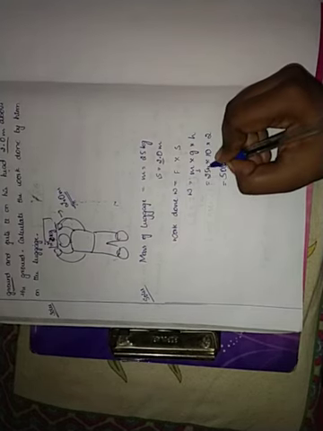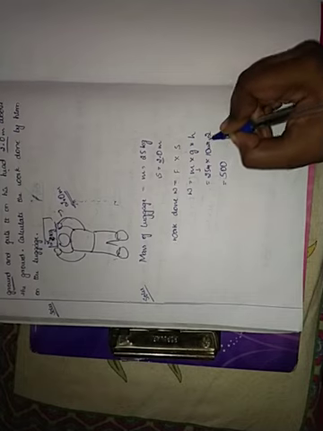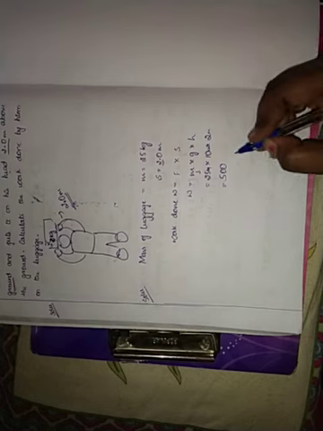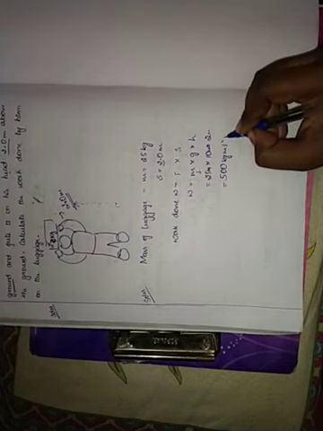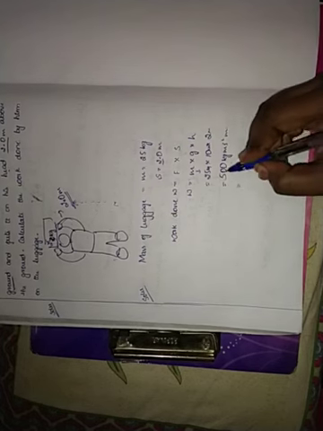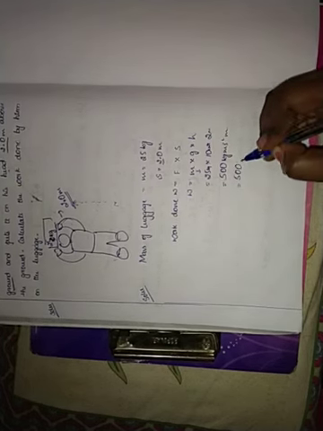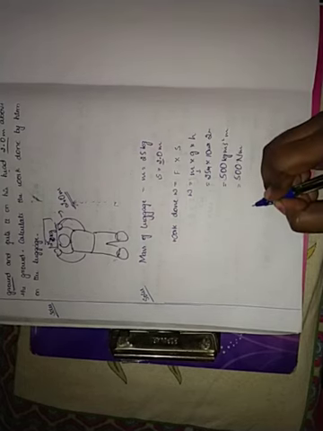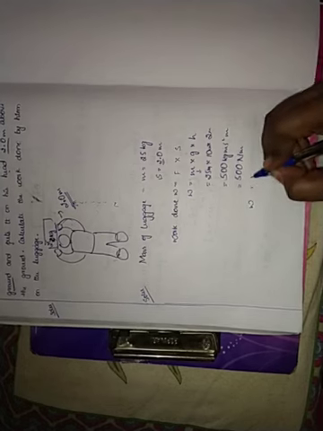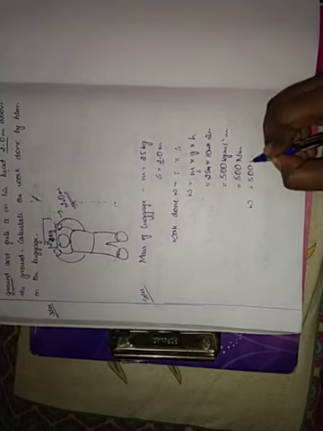The units are kg, meter per second square, and meter. So you can write it as 500 Newton meter, or else you can write it as W is equals to 500 joule.